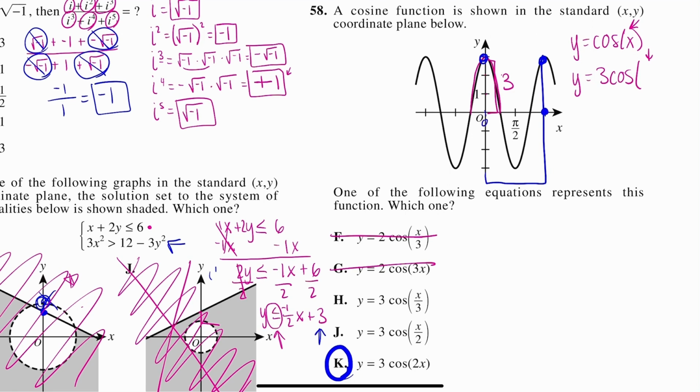This is 0. This is pi over 2. This is pi. I can't really do a whole cosine function lesson here so we can get through it. But a typical period is 2 pi, but we're only doing pi. So that means we need 2 times that. So our answer comes out to be K.